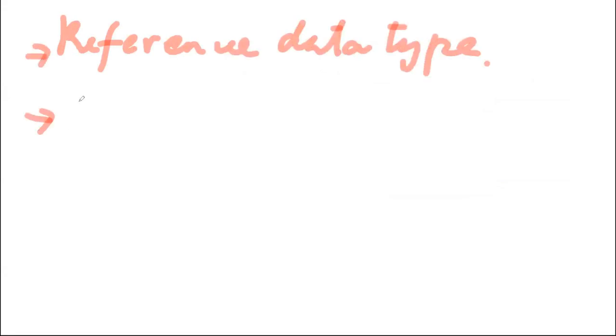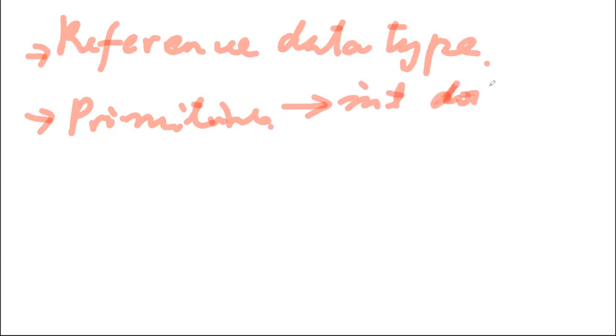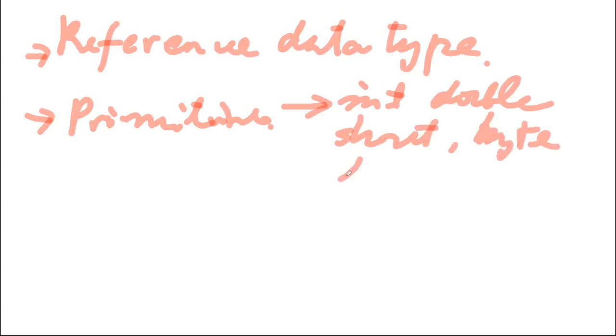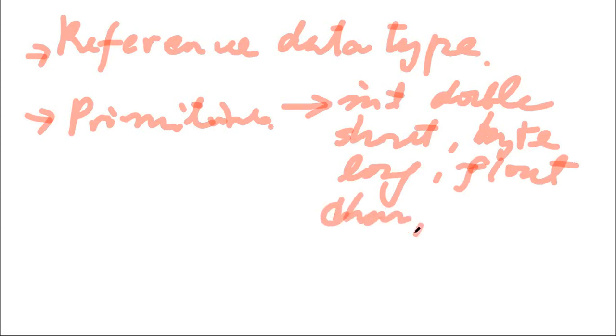Versus the reference data type, we have already talked about the primitive data type, right? And for primitive data types, we have integer, double, short, byte, long, float, character, and Boolean.